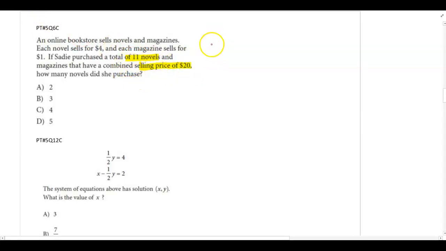So I'm going to let n equal novels and m equal magazines. If I purchased a total of 11 novels and magazines, the number of novels plus the number of magazines have to add up to 11.